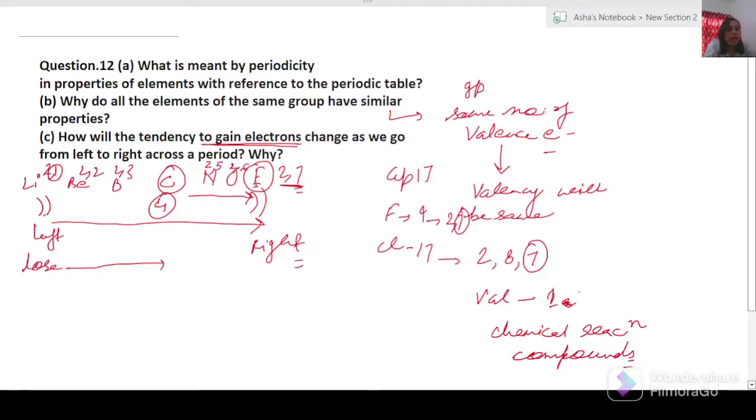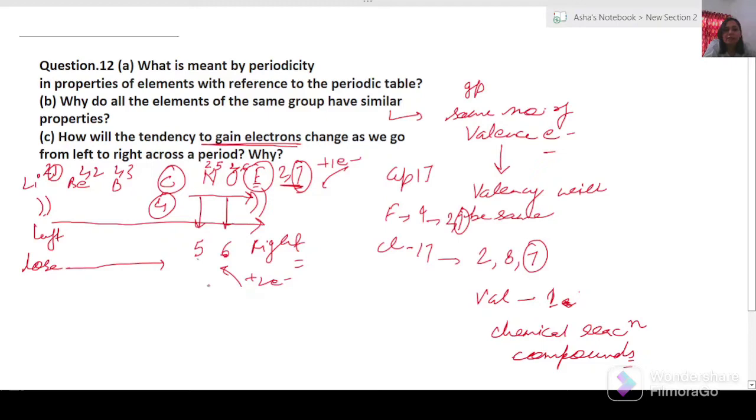So what happens here: nitrogen has 5 valence electrons, oxygen has 6, and fluorine has 7. If fluorine has 7 in its outermost shell, it needs only one more to complete its octet. So it will quickly accept 1, right? Oxygen has 6 electrons in its outermost shell, so it needs only 2, so it will accept 2, it will not lose.